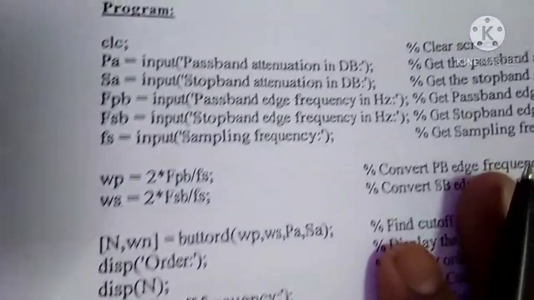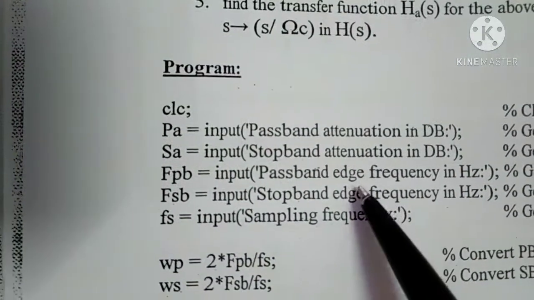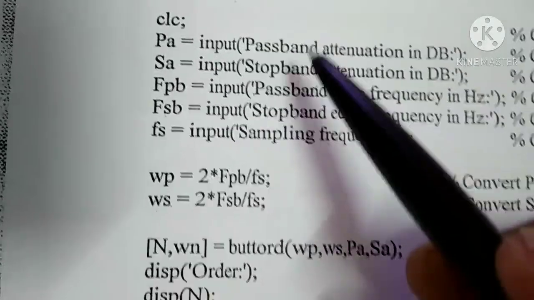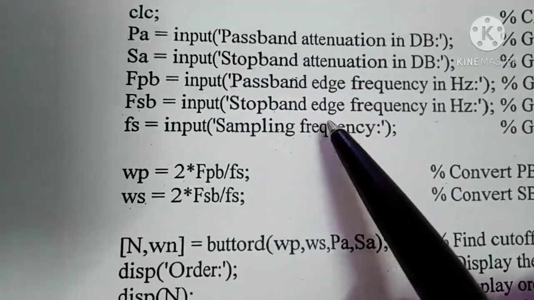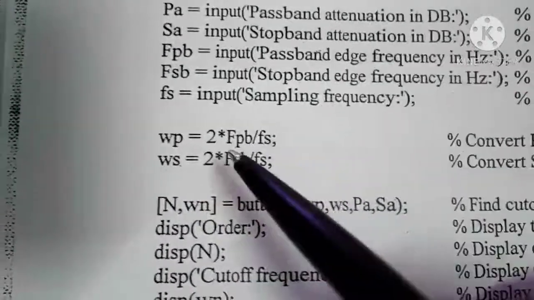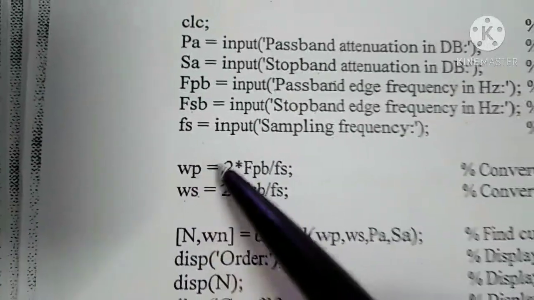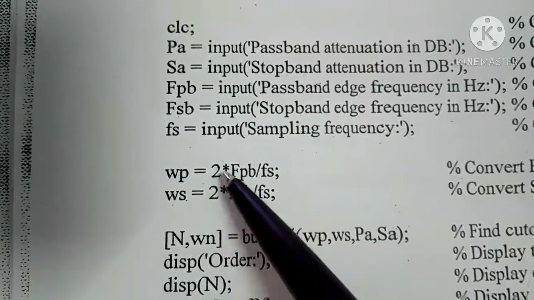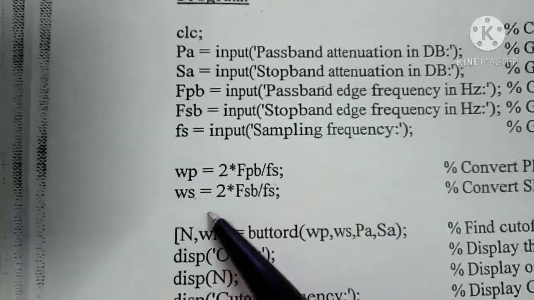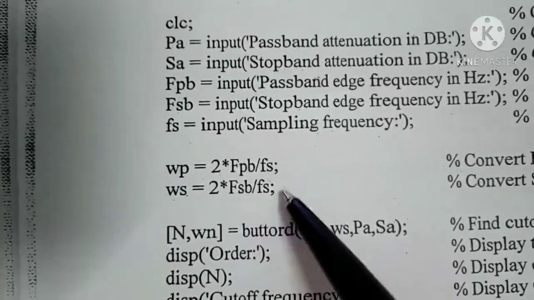So this is our IIR filter. We require pass band frequency, stop band frequency, pass band attenuation, stop band attenuation, and sampling frequency. By taking all those things, we can calculate the pass band and stop band frequencies in radians, that is 2 pi times the pass band frequency divided by Fs, and 2 pi times the stop band frequency divided by Fs.